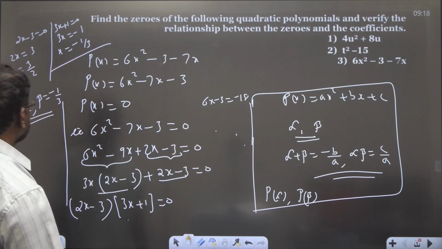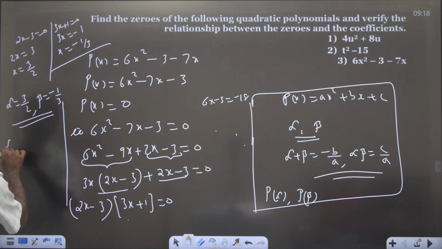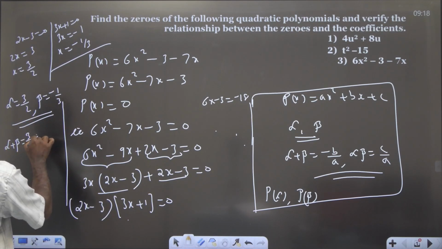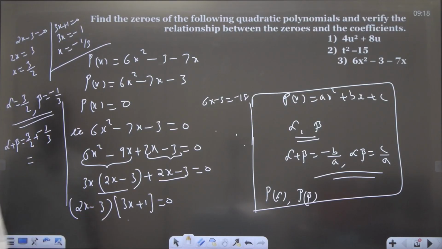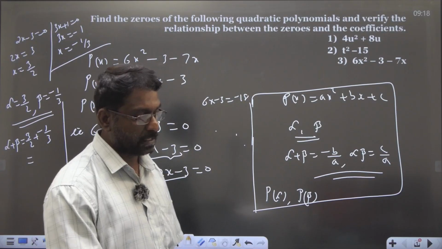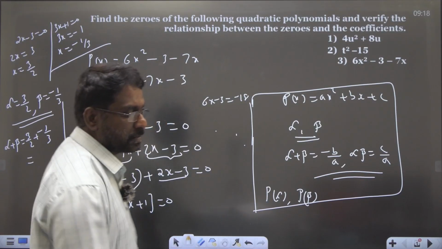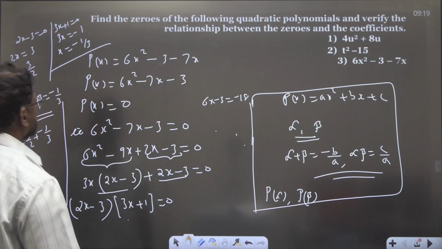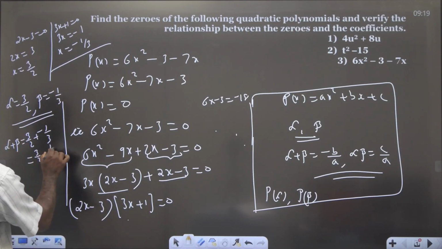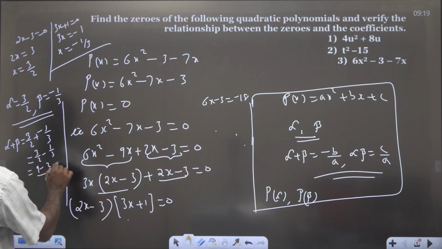Then directly we can find alpha plus beta. Alpha plus beta is 3 by 2 plus negative 1 by 3. Take LCM and simplify: 3 by 2 minus 1 by 3 is 9 minus 2 by 6, that is 7 by 6.